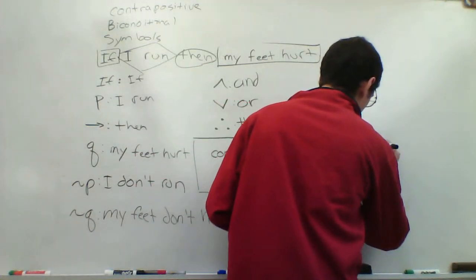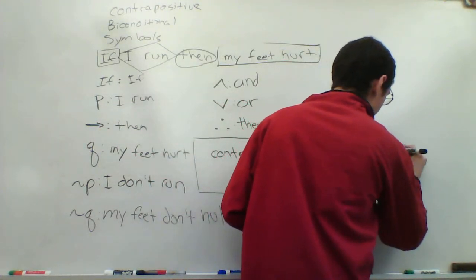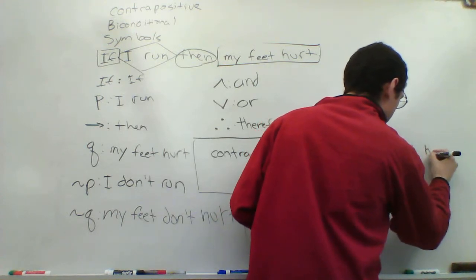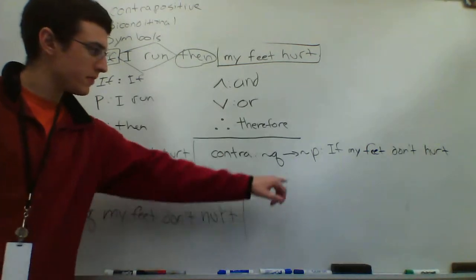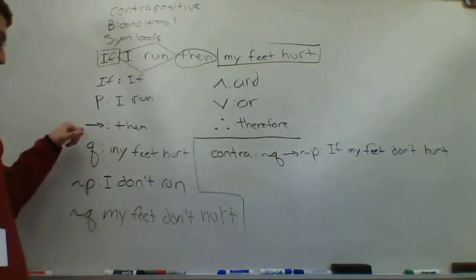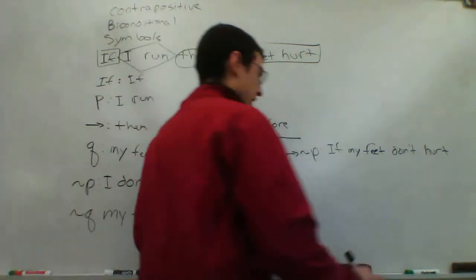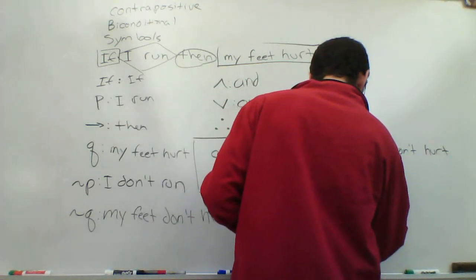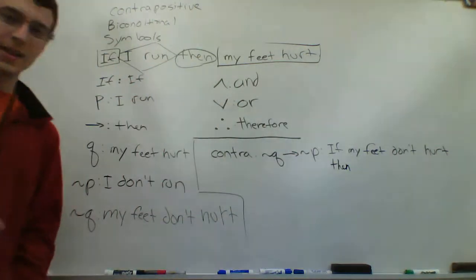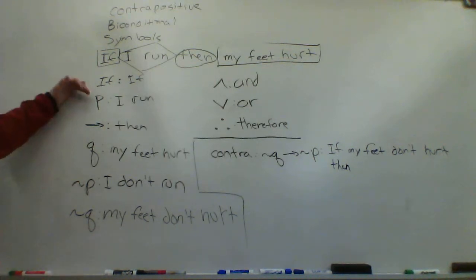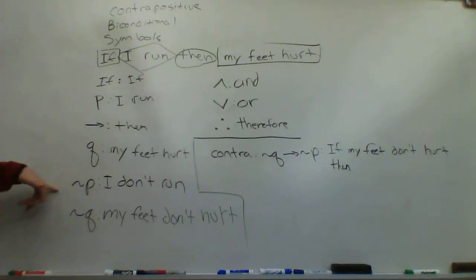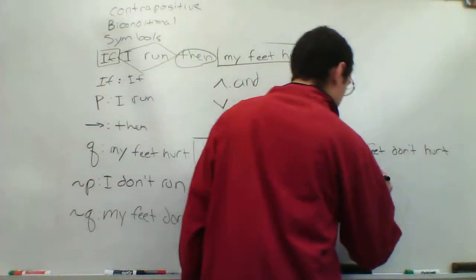If my feet don't hurt, there's our arrow, which is also our then. Then squiggly P, our negated hypothesis, the opposite of our hypothesis. Let's look. There's our normal P, there's our negated P: I don't run.